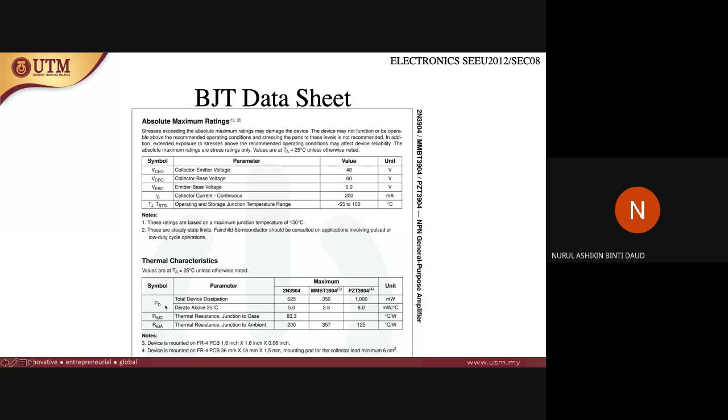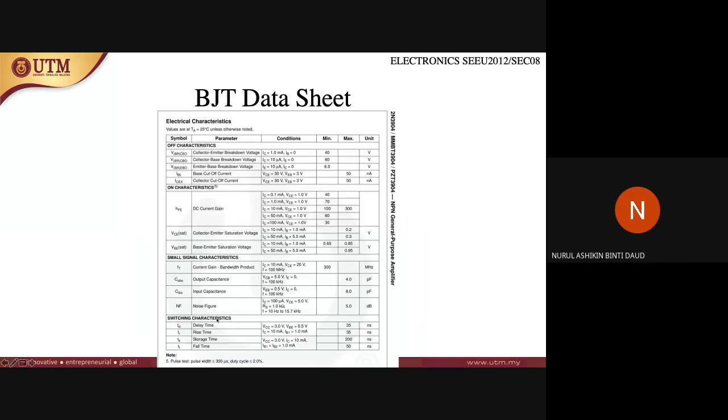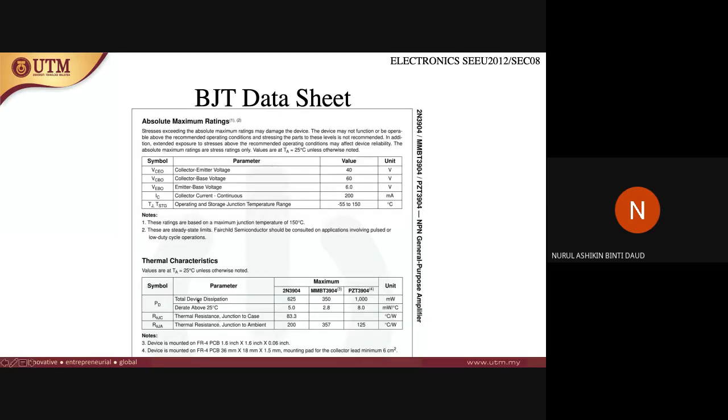Power dissipation I will not touch today because power will not come out in your exam too. We will not focus on calculation of power and those things. But if you want to find information about how to calculate power, you can refer to the reference textbook that I gave you.